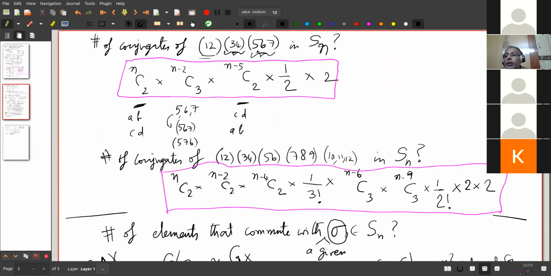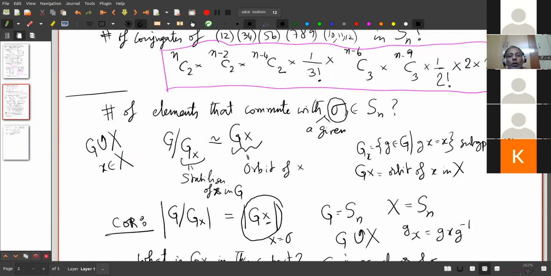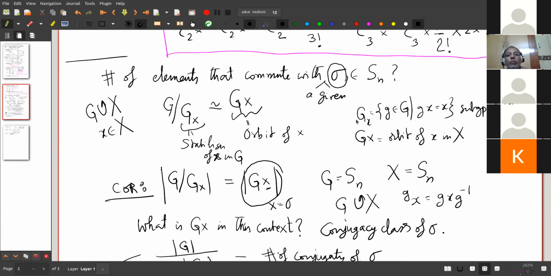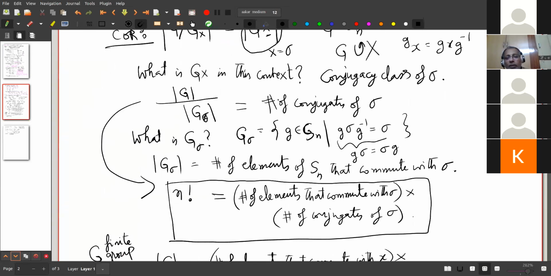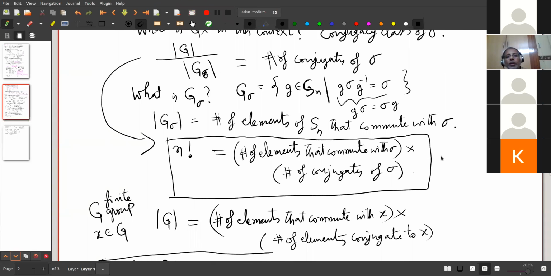That is this problem. So we know how to compute the number of elements that commute with a given permutation by using this formula, or rather this beautiful relationship between the stabilizer and the orbit.